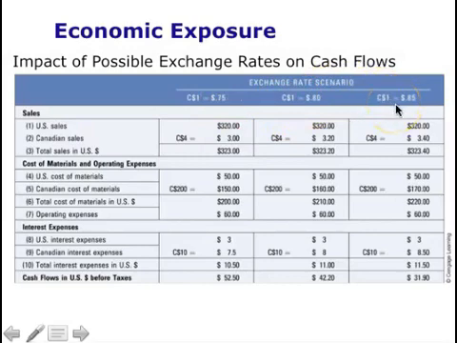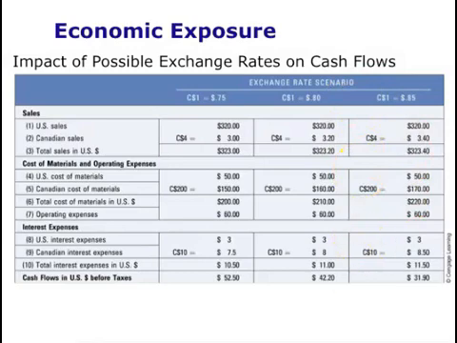These scenarios are separately analyzed in the second, third, and fourth columns. The figures here are adjusted according to the exchange rate of the different scenarios. From this table you are able to see the effect of exchange rate on revenues and costs, and this information is now reported in this table.